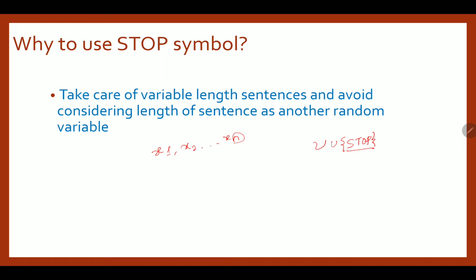So either we have to bring in one additional random variable which takes care of this variable length, or we use this stop symbol, and that automatically takes care of the variable length of sentences. That is why we use the stop symbol. I hope this idea is clear.